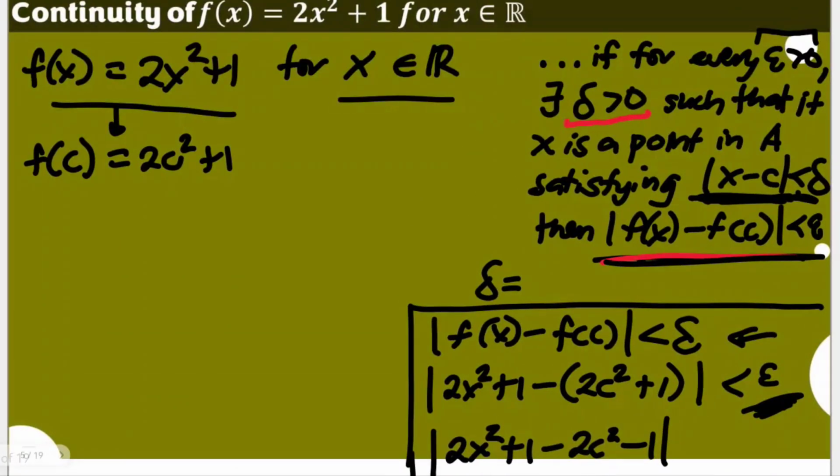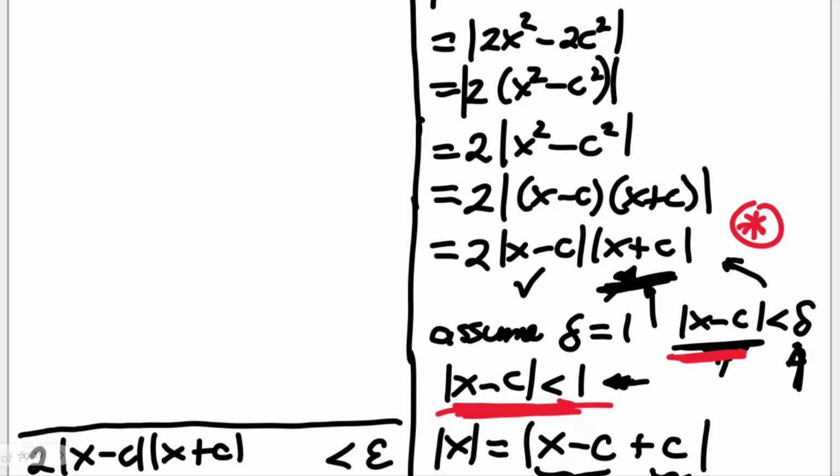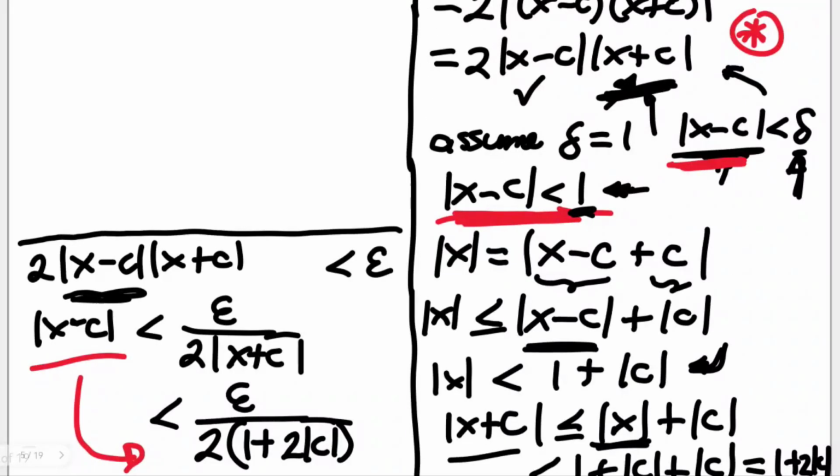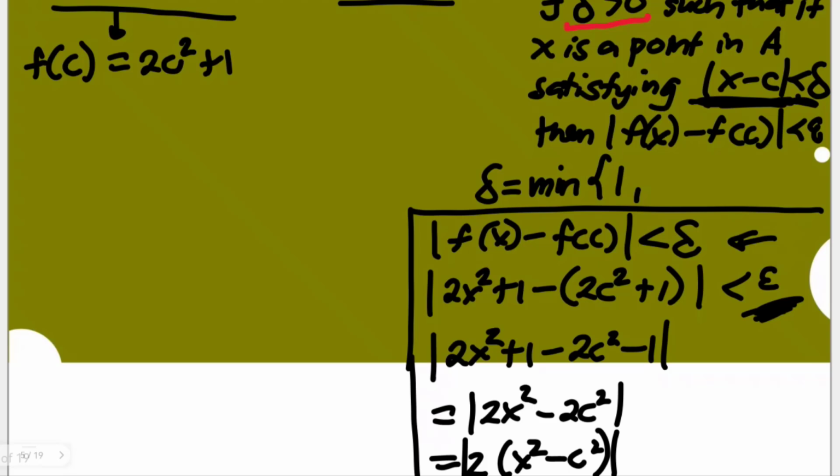So delta could be the minimum between 1 and epsilon over twice. Sorry for that. Let me rewrite this, removing something else here to make it clearer. The minimum of the set containing 1, the first possible value for delta, and then this one here. So you'll have epsilon over twice times 1 plus twice the absolute value of c.